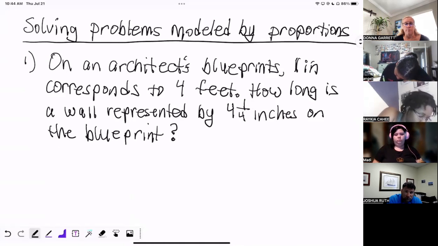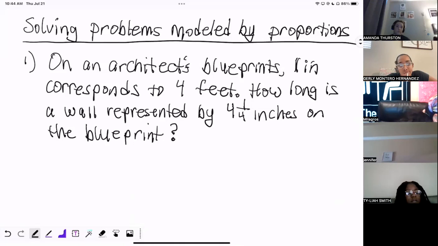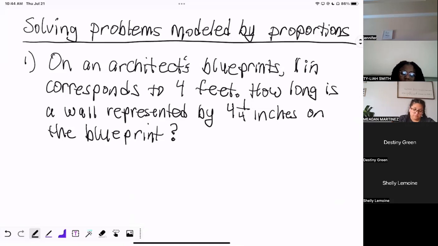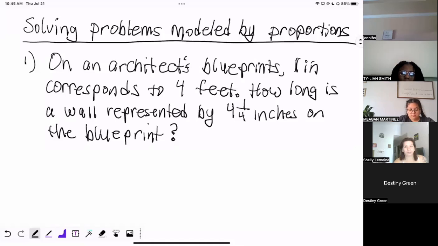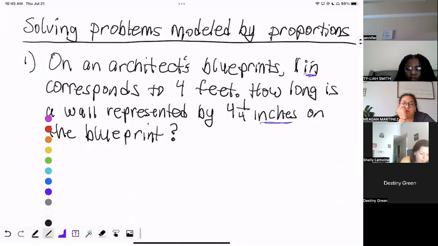We're going to use a proportion. It's easier if I just show you. So I still see someone writing down, so hold on. Watch everybody. All right, so we have 2 units: inches and feet.